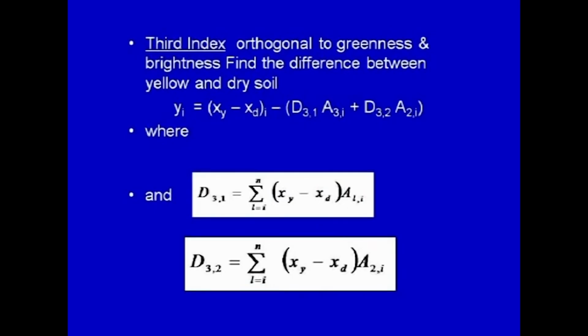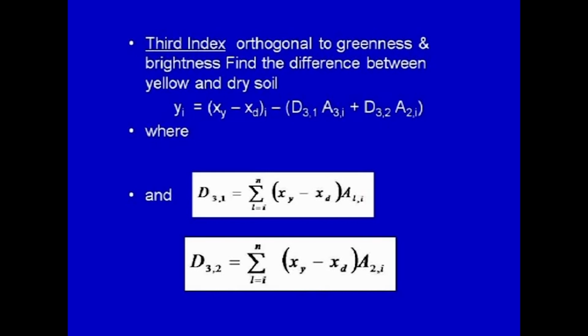brightness information. The third index is an index orthogonal to the greenness and the brightness. So, let us first find out the difference between the yellow and the dry soil, where YI is the difference vector between the yellow and the dry soil minus the contributions which may be coming from greenness and brightness factors in this particular axis.